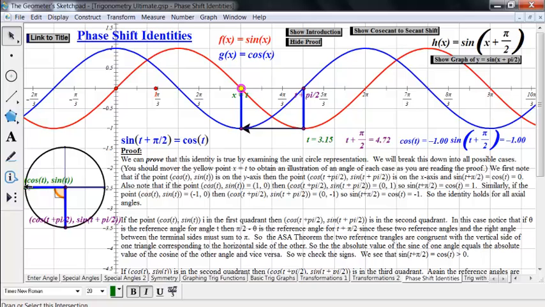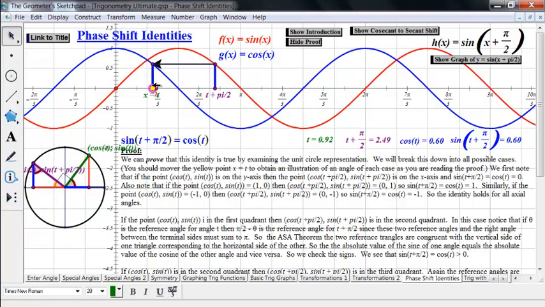When that happens, then this is going to be pi over 2 ahead of it, so it's going to be pointing straight down, and it's going to go through the point 0, negative 1, and so the sine of this point down here is negative 1, and the cosine of this one over here is negative 1, and so those are both the same. So now we've shown that this identity is true no matter where we are if we're on an axial angle.